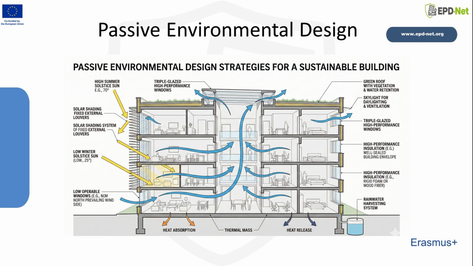That's why early design decisions are so important. Choices made at the beginning of a project determine its long-term energy performance. Ultimately, integrating these passive strategies supports both thermal comfort and sustainability, creating buildings that naturally respond to their environment, smart, efficient, and harmonious with the climate.